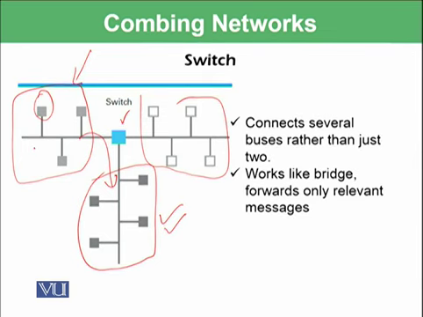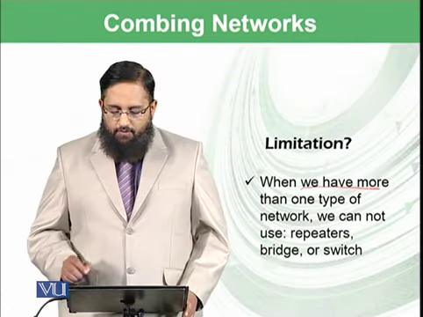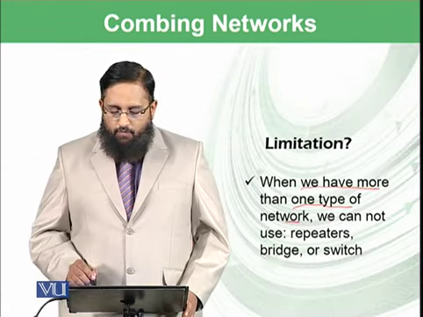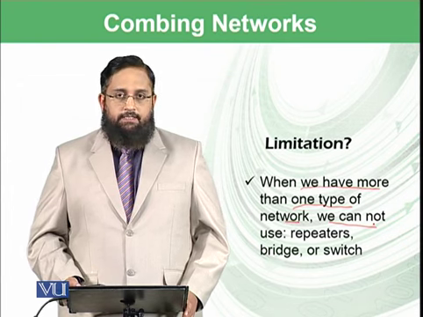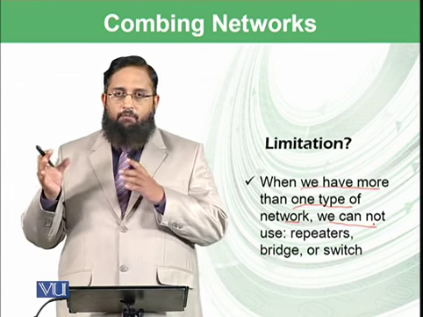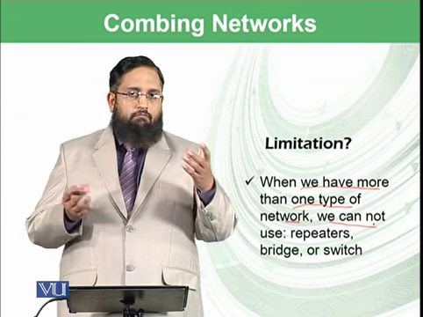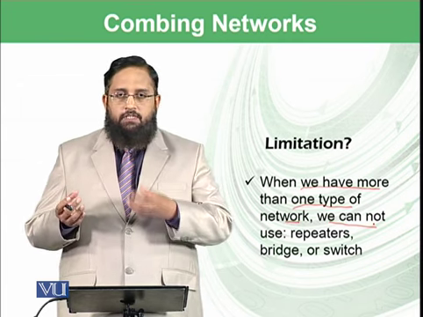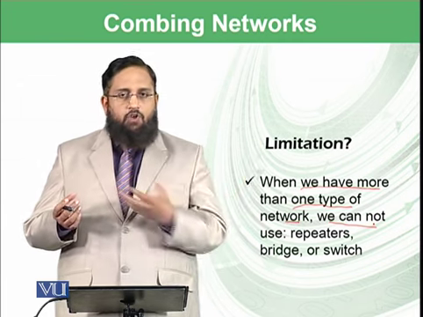And what are the limitations of using repeaters, bridges, or switches? The limitation is that when we have more than one type of network, we cannot use these. So for example, one network is Wi-Fi, another is using bus topology, another is using star topology.